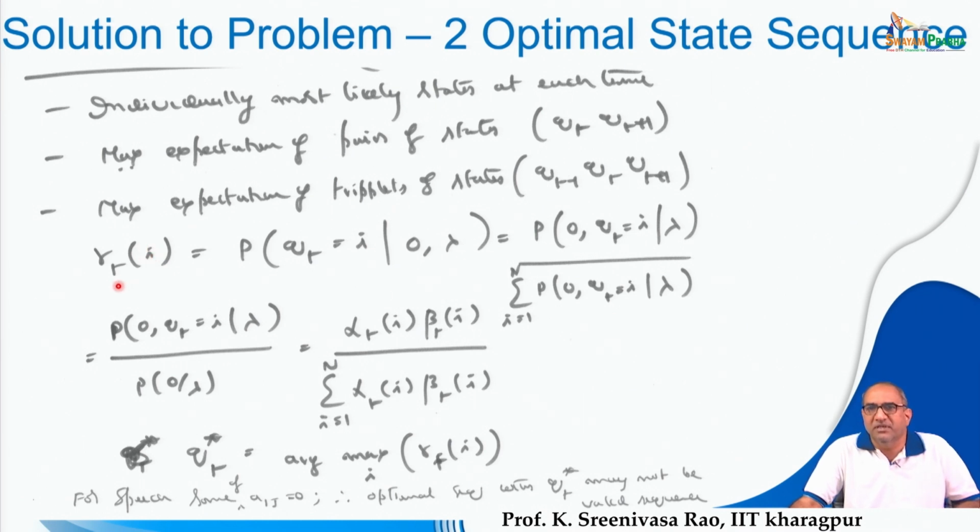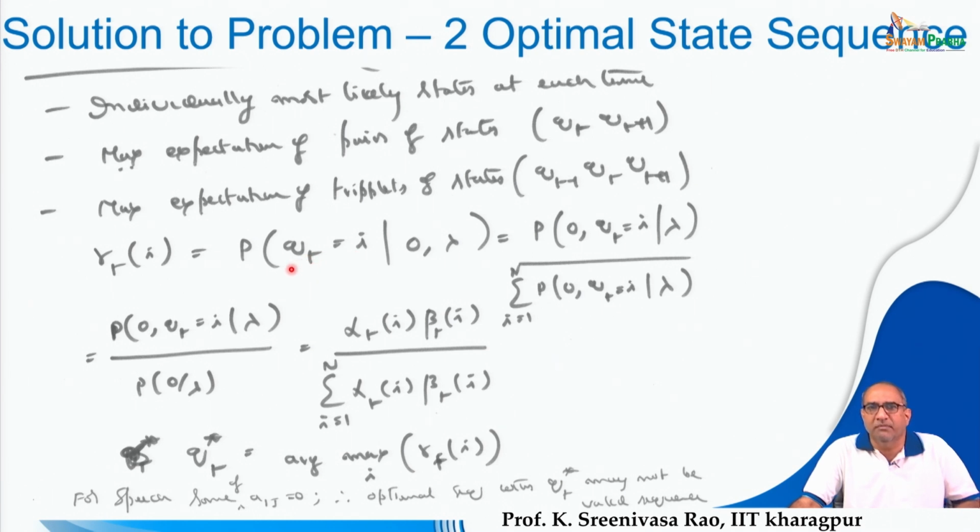It means that at time t the system is in state i. This t will vary from 1, 2 up to capital T in the case of discrete time instants. Therefore, gamma t of i is the probability, given the observation sequence, that the system is in state i at time t.